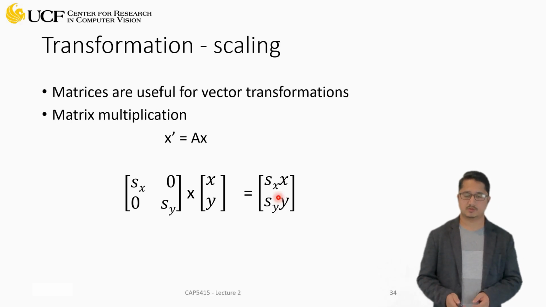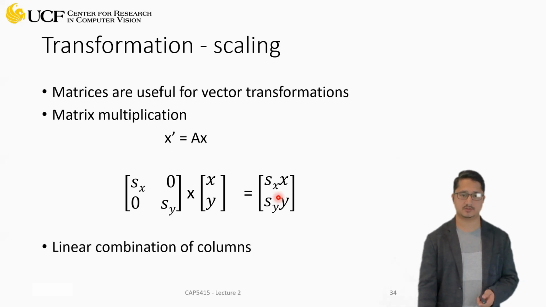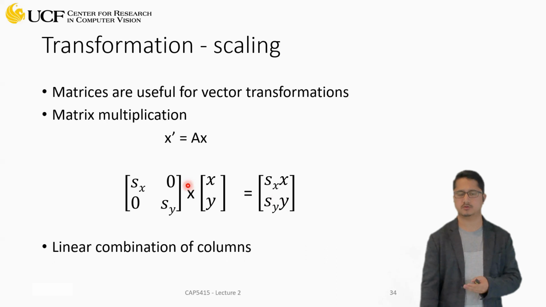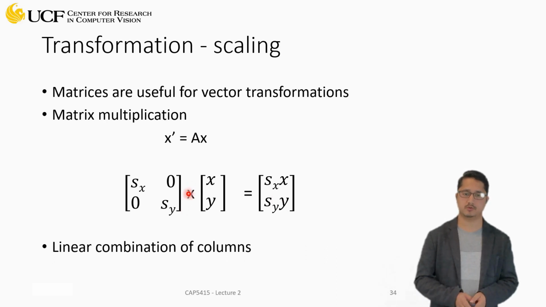All right. So another way to interpret this is, like last time we saw, if we perform multiplication of two different matrices, it can be interpreted as a linear combination of either columns or rows. In this case, I think linear combination of columns is more important.